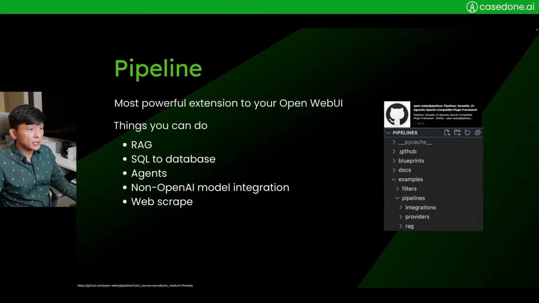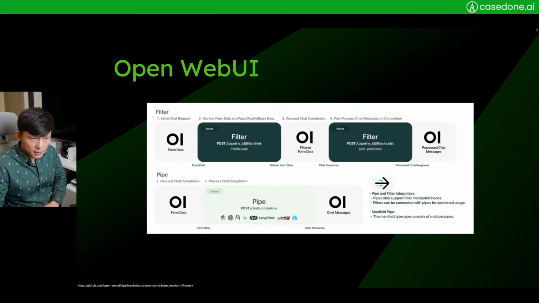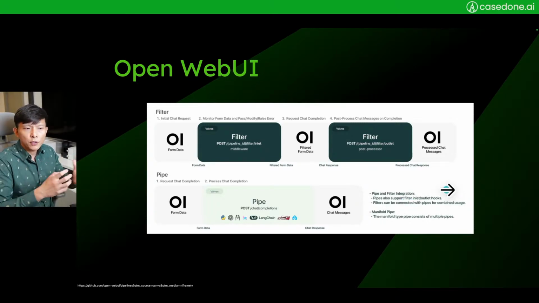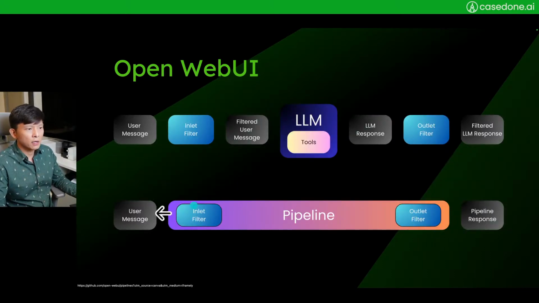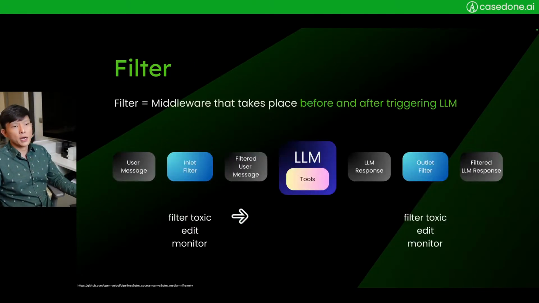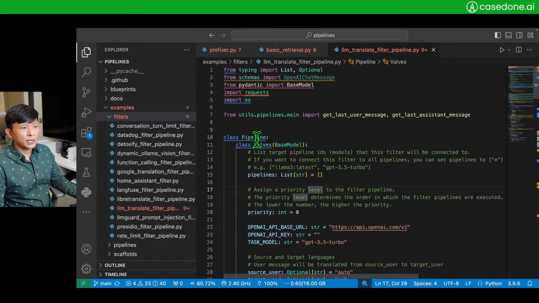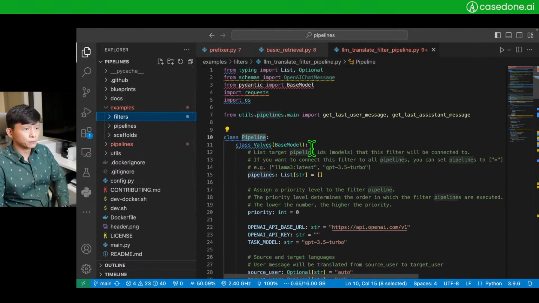Actually, in the page here, pipelines seems to be a superclass or a better implementation of filter, because pipelines or pipes also contain filtering features like filters, inlet and outlet right here. So maybe that's the reason why they aren't really strict about the class they use, whether it's a filter or not.